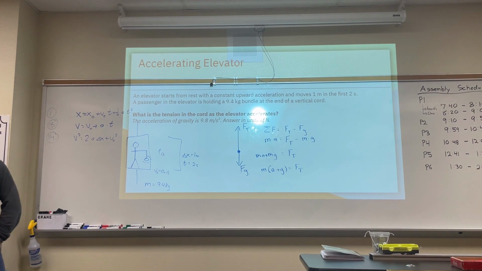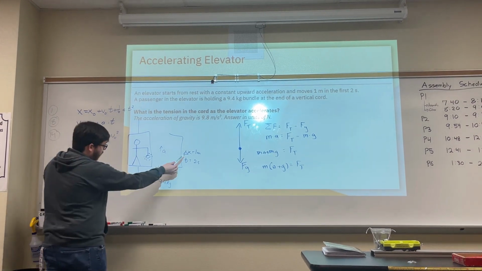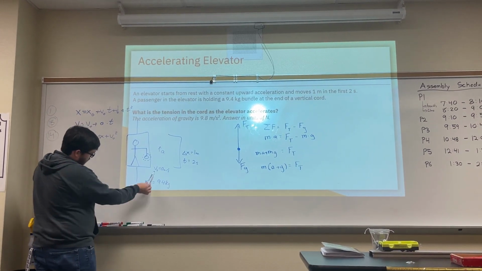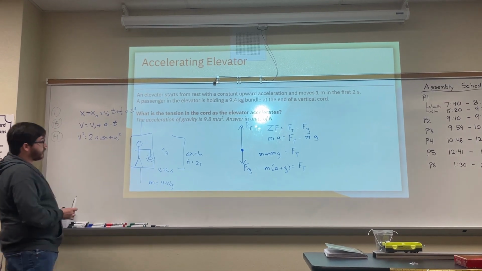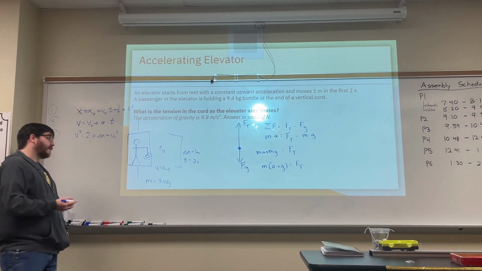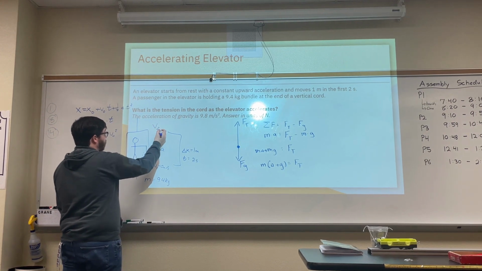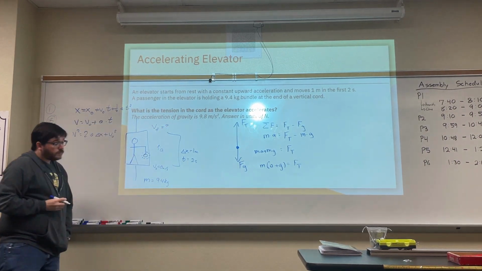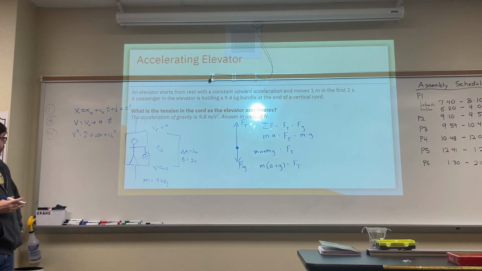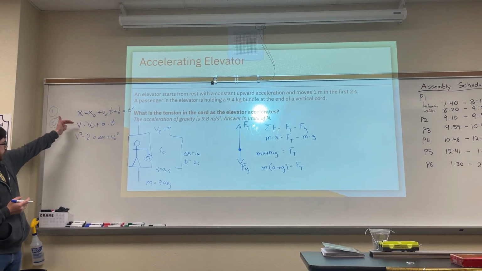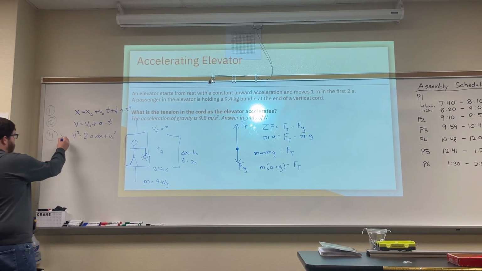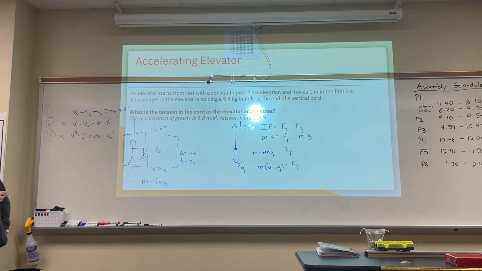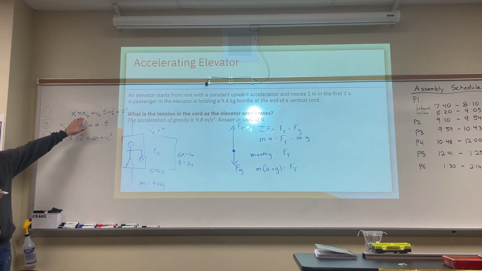For the variables, we have a change in position, we have a time, we have a starting velocity, and we're trying to solve for an acceleration. What we do not have is our final velocity, but we don't really need to solve for that. We would if we wanted to use this equation or this equation, but I'm just going to say no and no, because this one should be able to suffice.